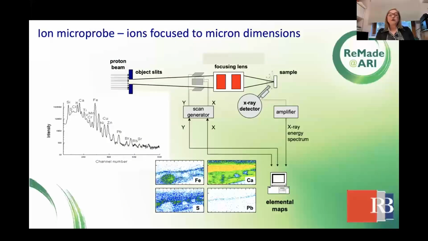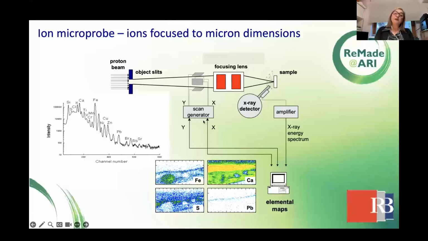So to get imaging, you have to design or use instruments which are called ion microprobes. These are basically instruments that use lenses to focus a proton beam to micron dimensions at the sample. Usually you use 2 to 3 MeV protons and you focus them to micron dimensions.